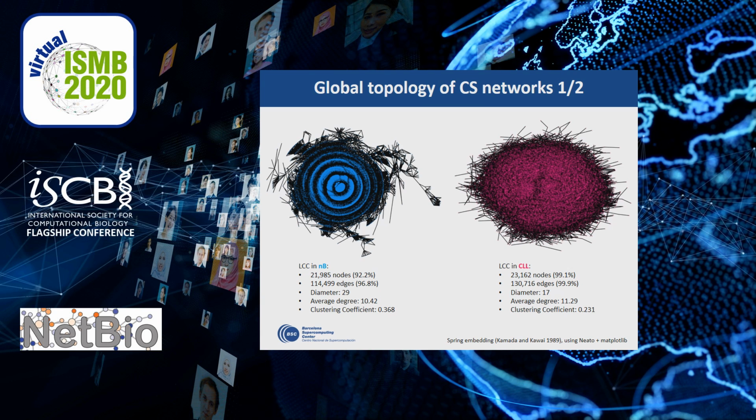As you can see on the left, for the largest connected component in the network of naive B cells, the nodes in blue tend to form well-separated clusters, and we can also see that there is a kind of hierarchical organization in the network. However, that organization seems to be lost in the chromatin structure network of leukemia cells on the right, where we cannot visually see these clusters of genes.